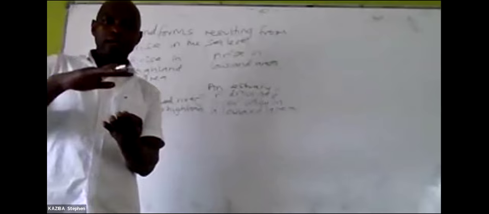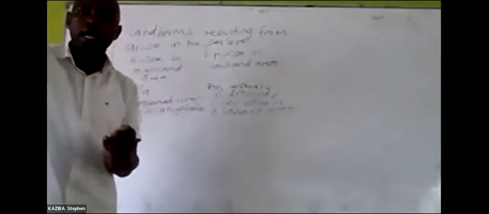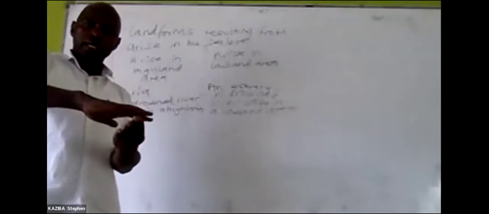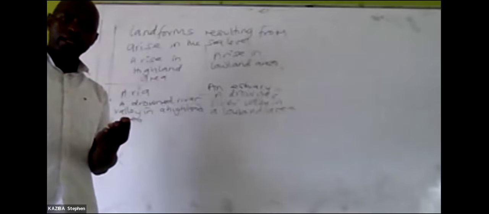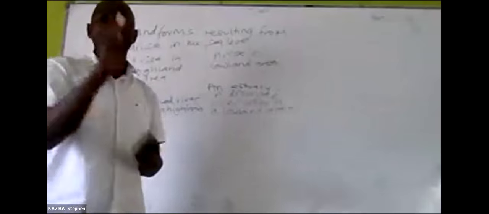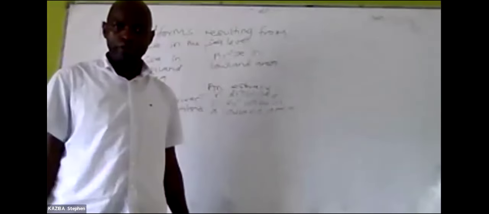And an estuary is formed due to a rise in the level of the sea in a lowland area and drowns the river valley. So this one, rise and drowning of a river valley in a highland area. In this one, rise and drowning of a river valley in a lowland area. But they're the same. They all drown the river mouth.